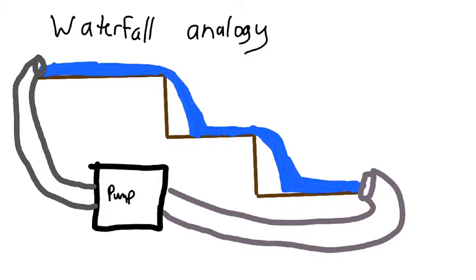But we notice that in between those two drops, we don't have any change in gravitational potential energy for the waterfall analogy, and on the circuit end of things, we won't have any change in electric potential energy except for at those resistors.